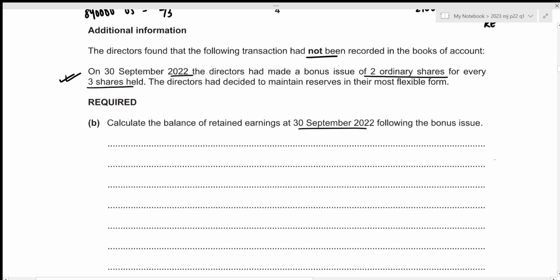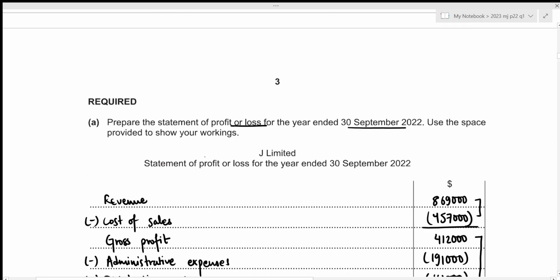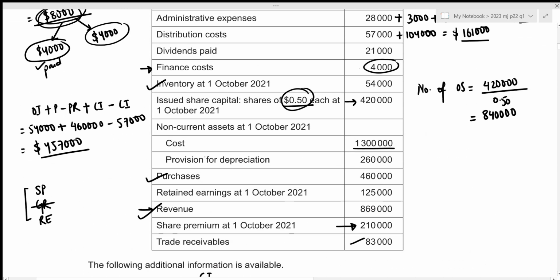Okay, now we can move towards calculating the balance of retained earnings. So we're just going to prepare the retained earnings column from our statement of changes in equity. We'll start with our opening balance, which was given above. The opening balance of retained earnings right here, that's 125,000.